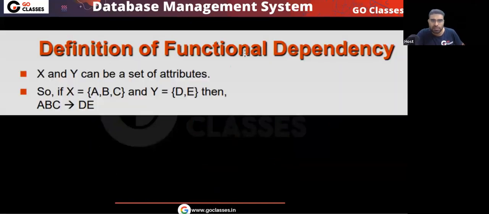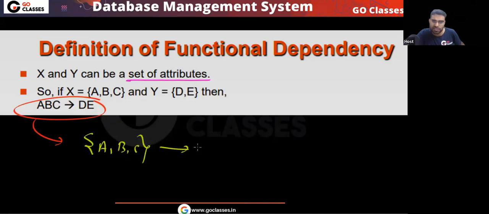So remember, this functional dependency you can define for set of attributes also. What this means? ABC determines DE. This means that set of attributes ABC determines set of attributes DE.